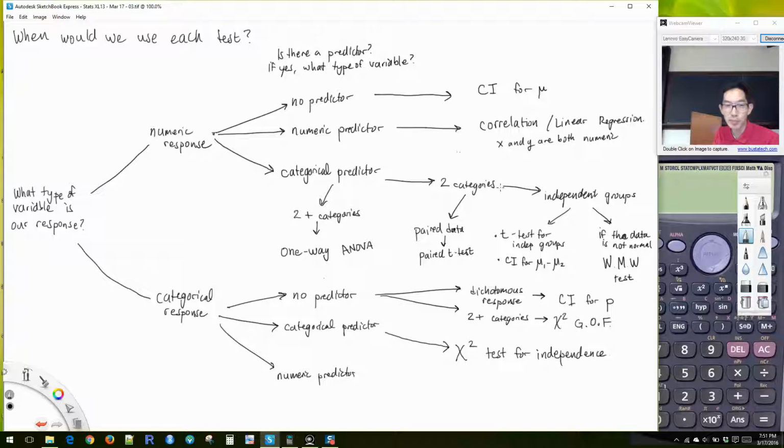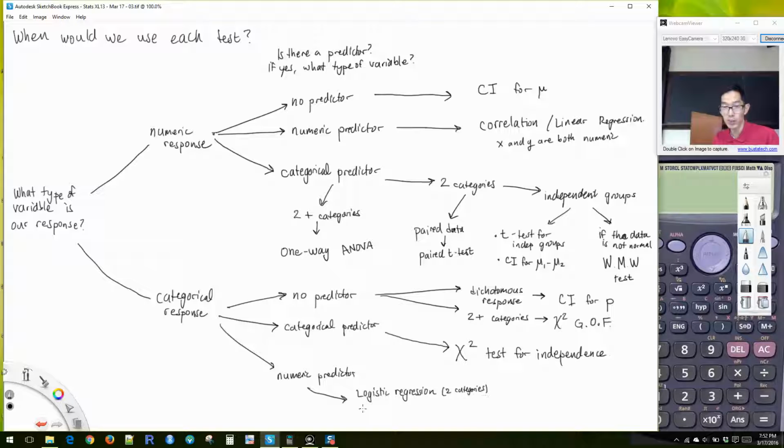And this is pretty much everything we covered. Just for completeness, I'm going to throw this in here. We haven't covered this, but if you have a categorical response and a numeric predictor, this is logistic regression, if it's with two categories.